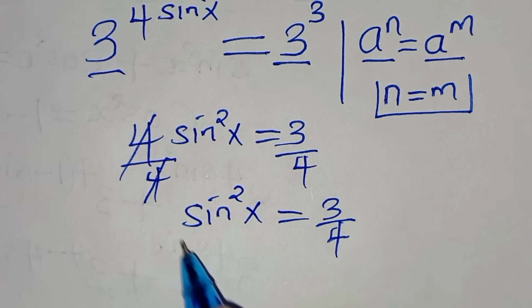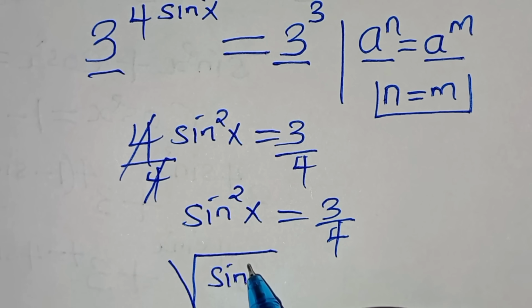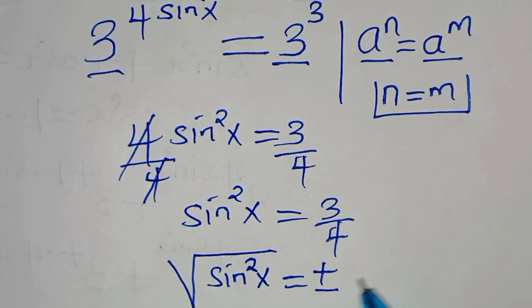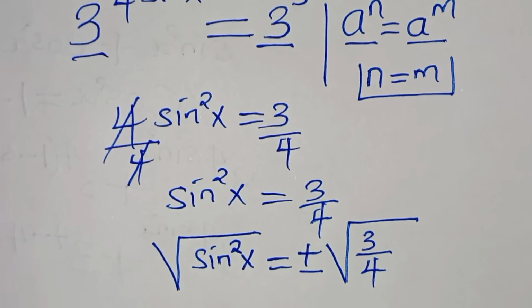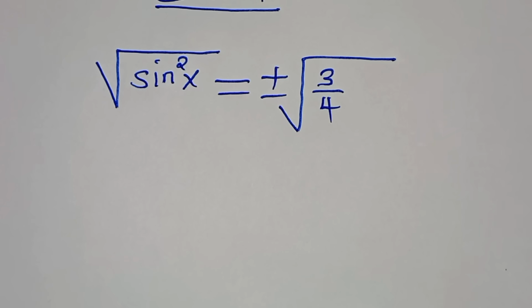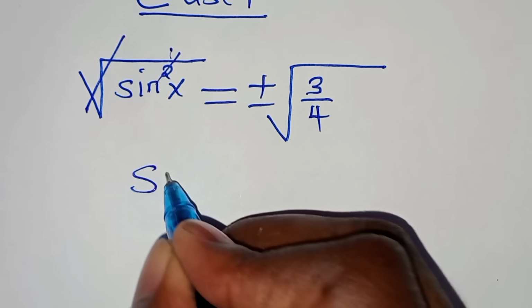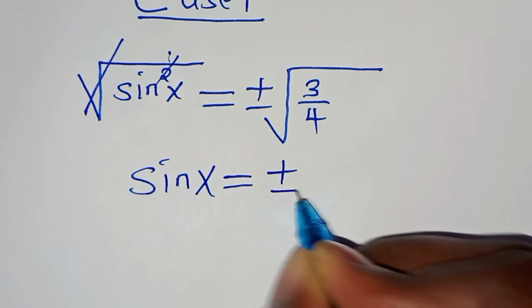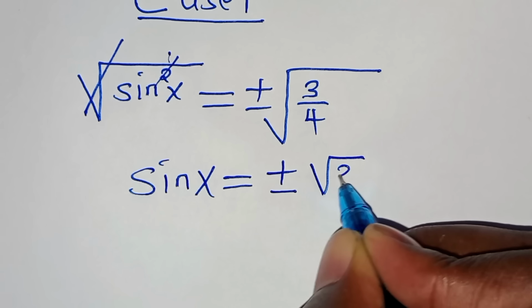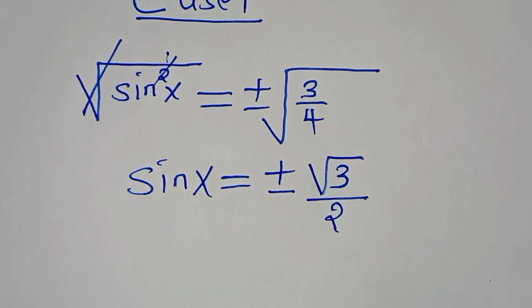To solve for sine x here, let's introduce a square root on both sides. So we have the square root of sine squared x equal to plus or minus the square root of 3 over 4. Let's eliminate the square root sign here, and this means that sine x is equal to plus or minus the square root of 3 divided by the square root of 4, which is 2.